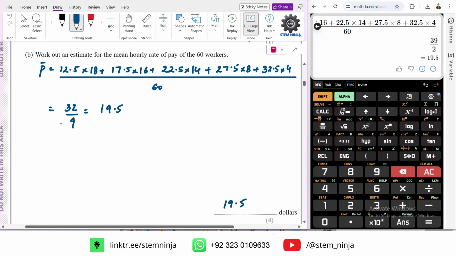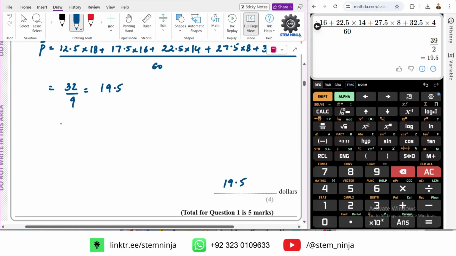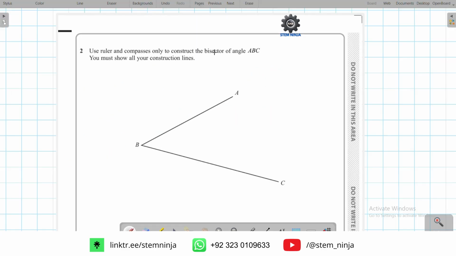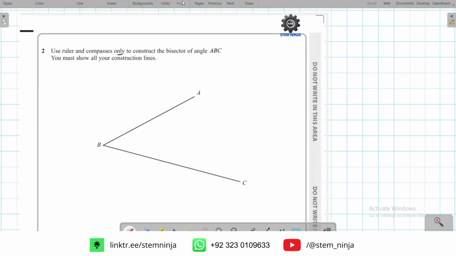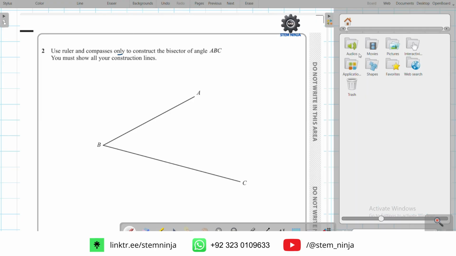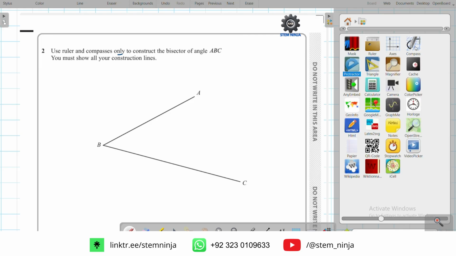Right, let's jump into the next question. Question number 2. Use ruler and compasses only to construct the bisector of angle ABC. For that, we need a compass. First, we draw a little arc over here.